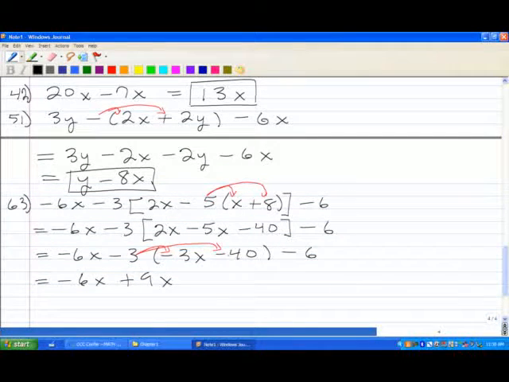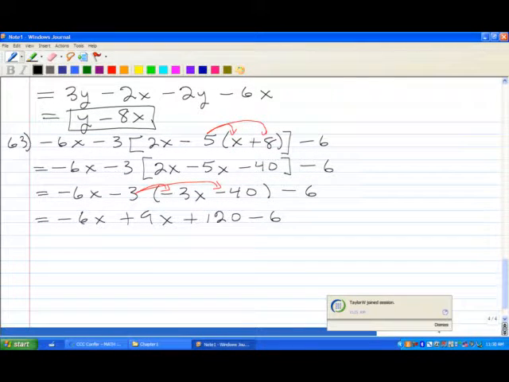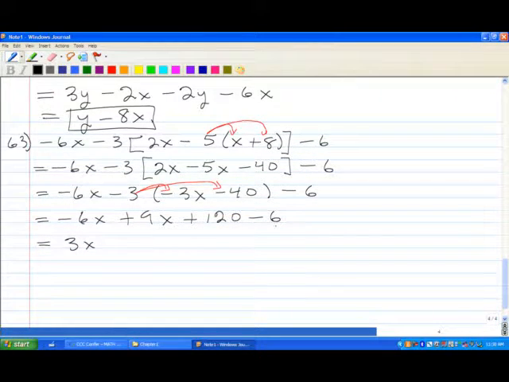Negative 3 times negative 40 is a positive 120, minus 6. 9x minus 6x, these are like terms, so I can combine them. 9x minus 6x is 3x. Similarly, 120 and 6 are like terms. 120 minus 6 is 114.